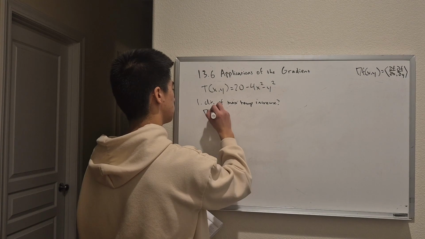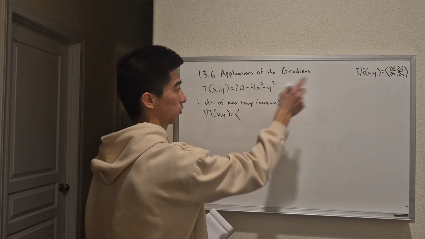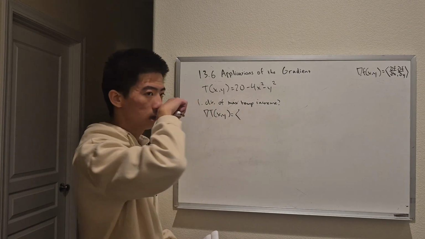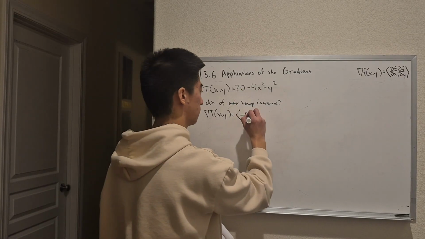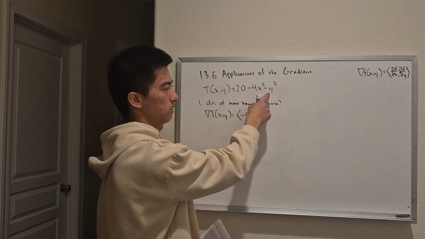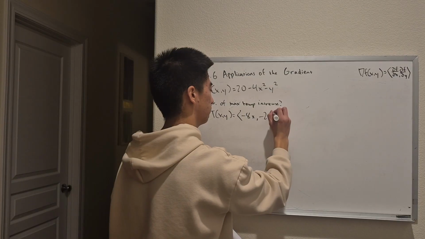So del T of x, y is equal to, first, the partial derivative of T with respect to x. We treat x as a variable and everything else as a constant, and that gives us negative 8x. The same thing with respect to y. We treat y as a variable, so this all goes to 0, and this becomes negative 2y.